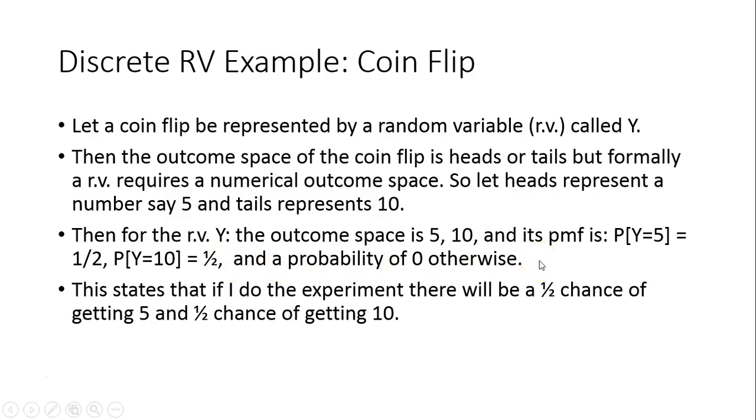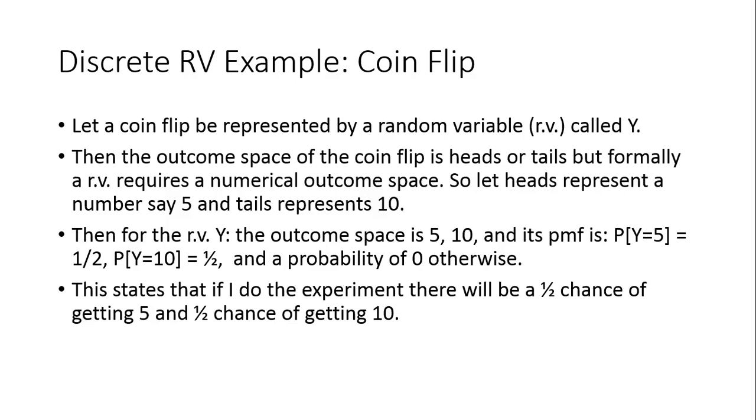So if Y doesn't take on the values 5 and 10, it's 0 otherwise because there are no other options. It has to be either heads or tails, unless the coin somehow lands on its side, which is not going to happen probably. That's why I said 0 probability for everything else.